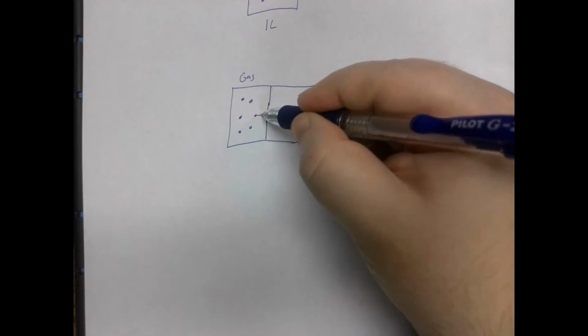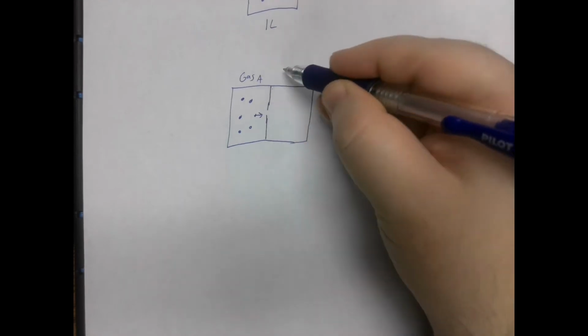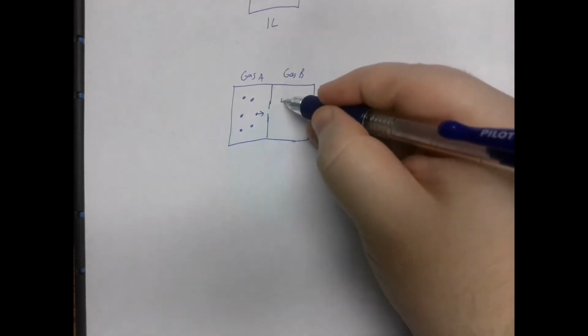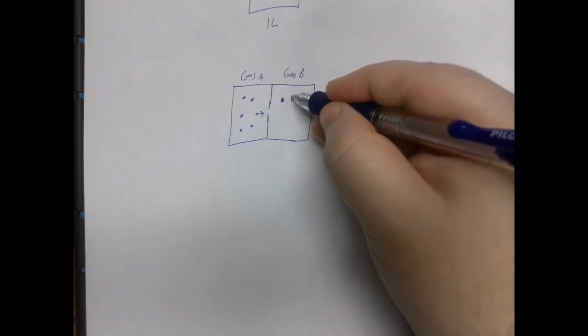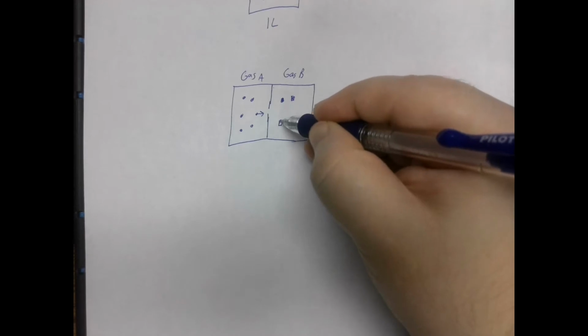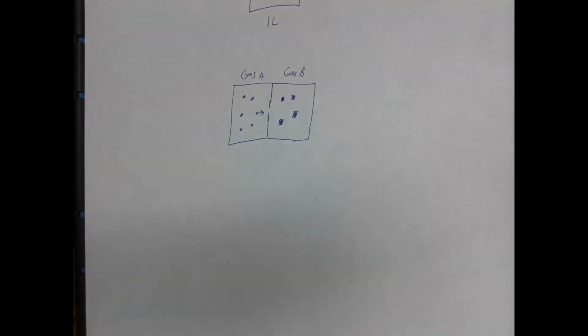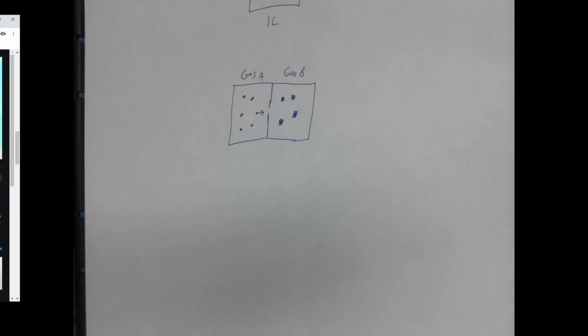Some of these molecules are going to go through that hole, so I'll call this gas A, and I'll call this gas B. Let me check to make sure this is the right analysis.